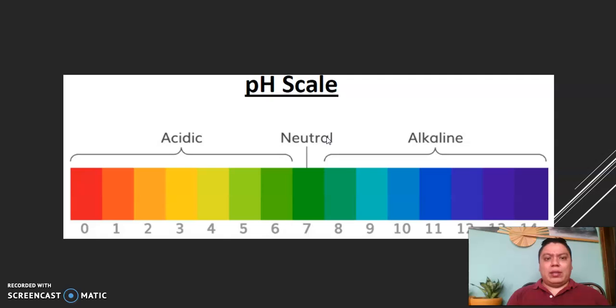That's because just as a solution has acidic characteristics, it also has basic characteristics. Depending on which one is greater, it will determine if the solution is an acid or a base. So keep that in mind. Every solution has acidic characteristics as well as alkaline characteristics. The one that is greater will determine if the solution is an acid or a base.